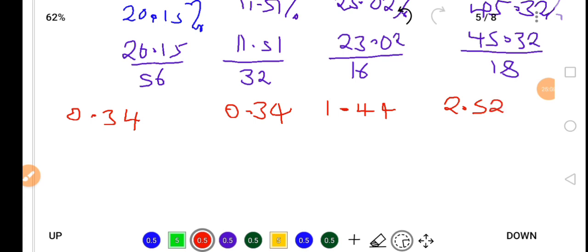These are the number of moles, and then we are going to convert this number of moles to the number of atoms by dividing this by the lowest number of moles, which is 0.34.